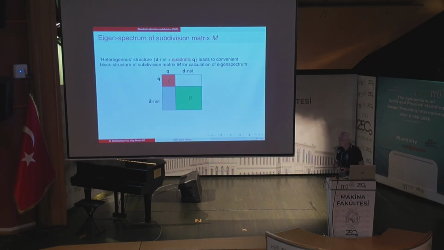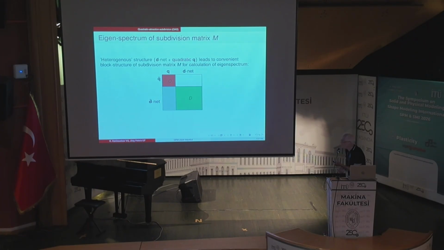And what is important, it looks a bit weird, the structure from two pieces, but it gives us the advantage that it is a convenient structure for analyzing the eigenspectrum of this subdivision scheme.